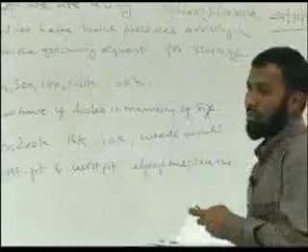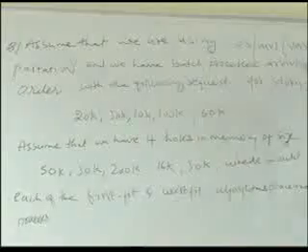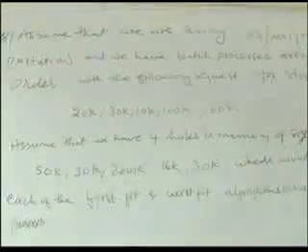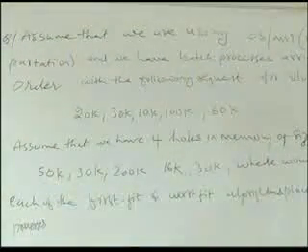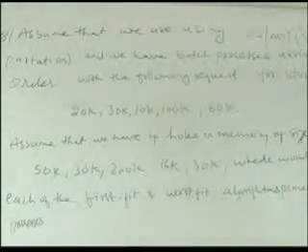Okay, so now let's solve this. Assume that we are using an operating system with variable partition, and we have batch processes arriving in order with the following requests for storage.